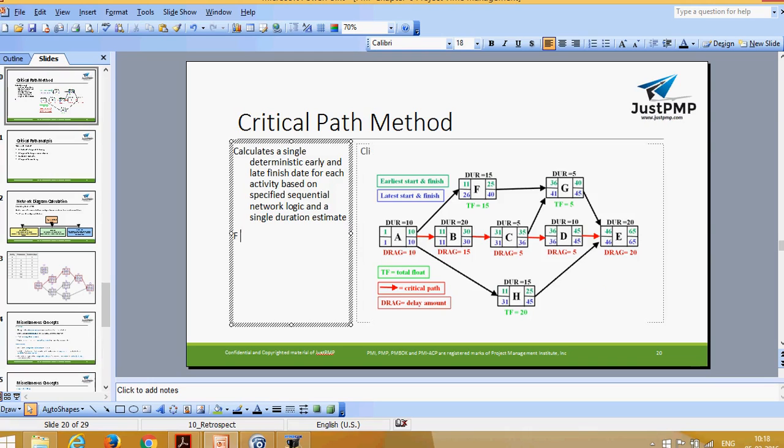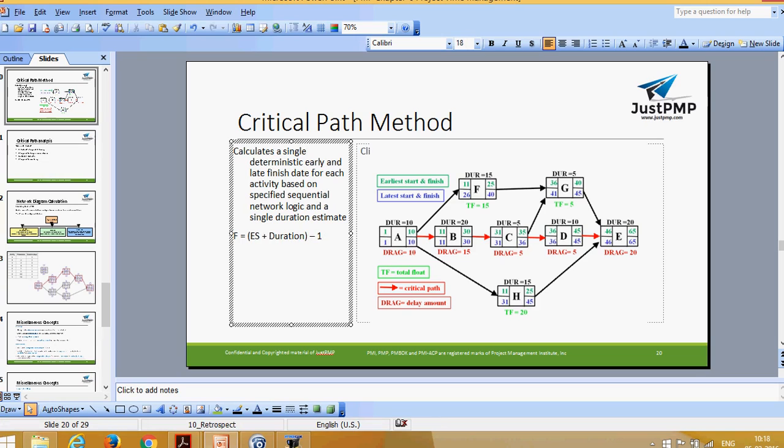Forward is like the earliest start day plus duration minus 1. Okay, so it's a minus 1. I will say it like this, and this is the forward.